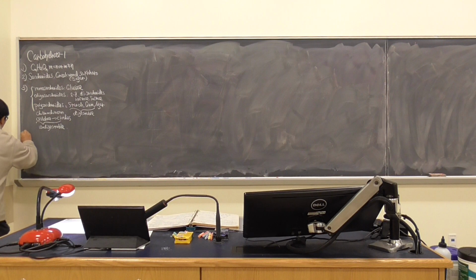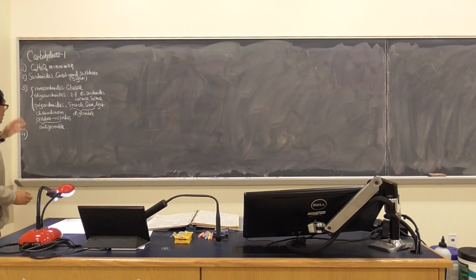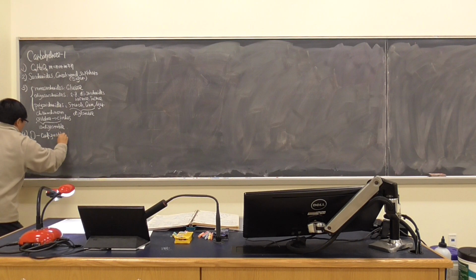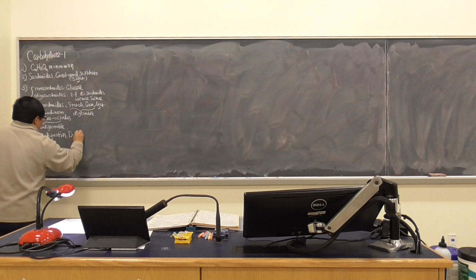Now, we also want to mention that today we're going to talk about monosaccharides. In nature, most of the monosaccharides are D configuration, okay? So let's say glucose. Most of the time, we will say D-glucose. Now, how about L?